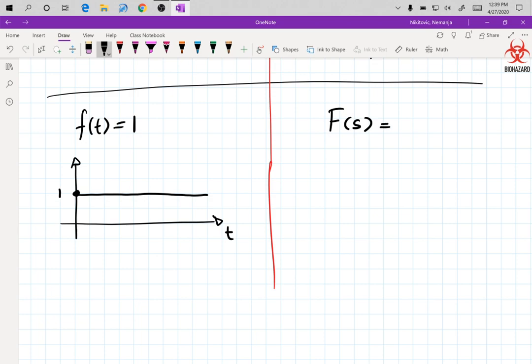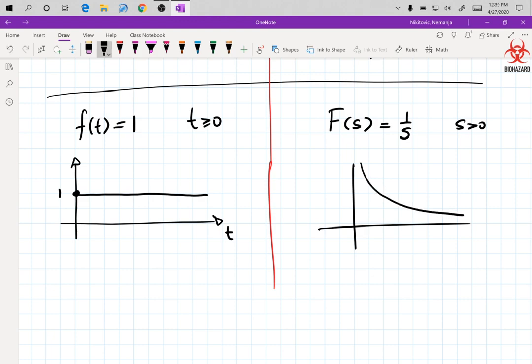So you hold that input, your frequency domain is 1 over s. Oh, by the way, time larger than 0, s larger than 0. There we go. This one is known as the unit step function.